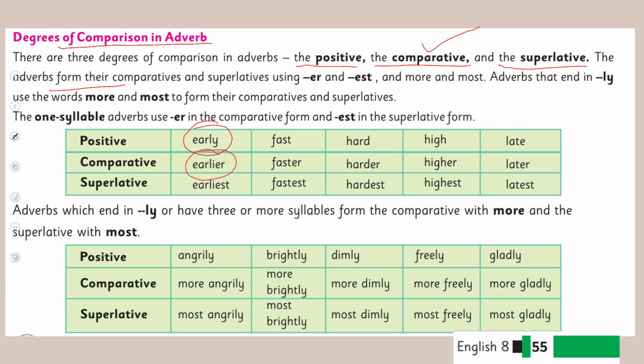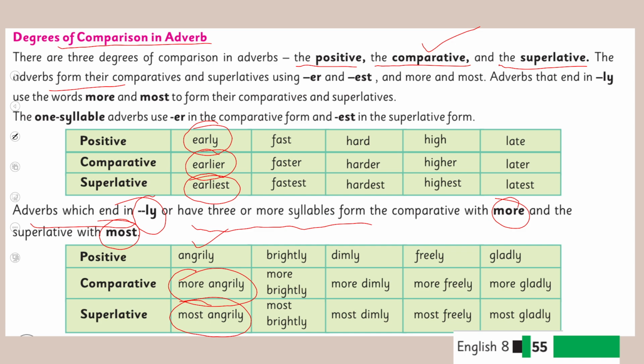And if we are comparing it with the rest of the things, more than one or two, we call it earliest. Adverbs which end in ly, or have three or more syllables, form the comparative with more and most. Angrily will become more angrily, most angrily.